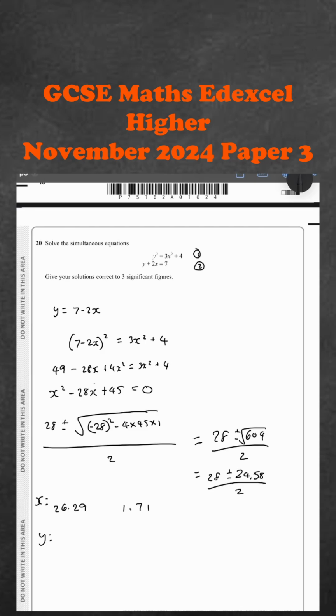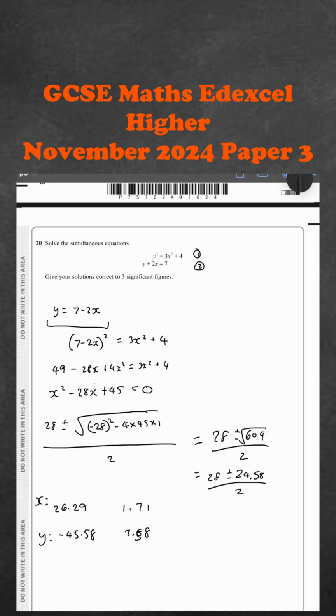And then our y values we can work out by just popping these into equation 2. So what did we say? Y equals 7 minus 2x. So when x is 26.29, 7 minus 2 times 26.29, I get minus 45.58. And on the other one, when x is 1.71, we get 7 minus 2 times 1.71, 3.58.